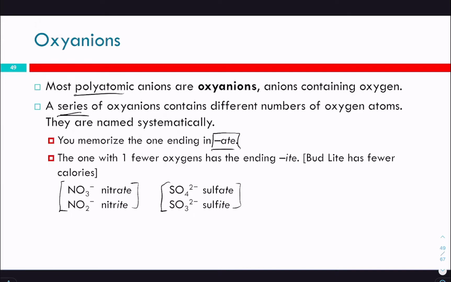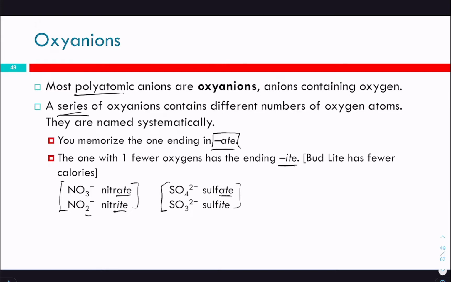Nitrate is one of the ones with 3 oxygens. If you change that to ITE, that's the light form, nitrite, and that has 1 fewer oxygen, but the charge remains the same. For each oxyanion series, they all have the same charge, just different numbers of oxygens. For sulfate, the base form, the ATE form, has 4 oxygens.